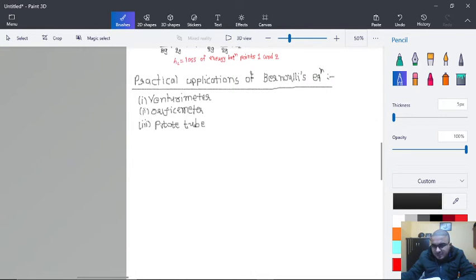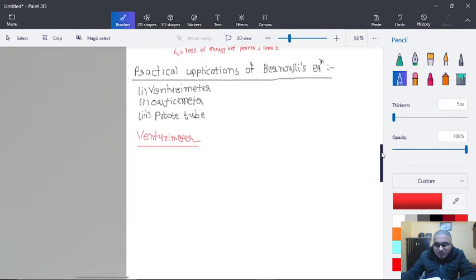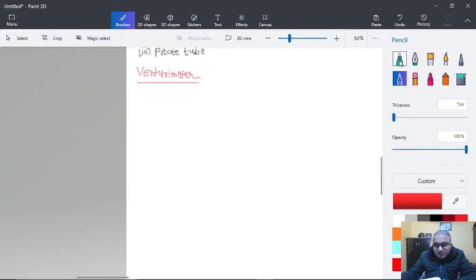So let's first start with venturimeter. So I will be drawing a figure of venturimeter first.